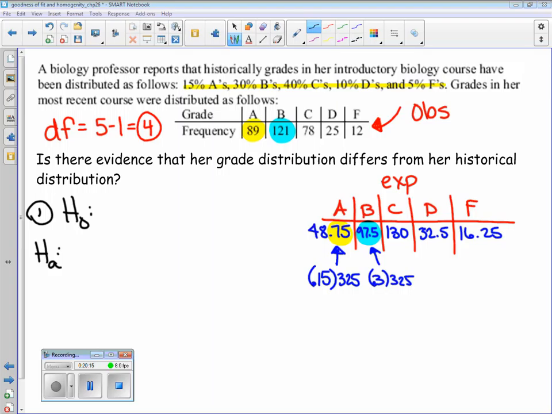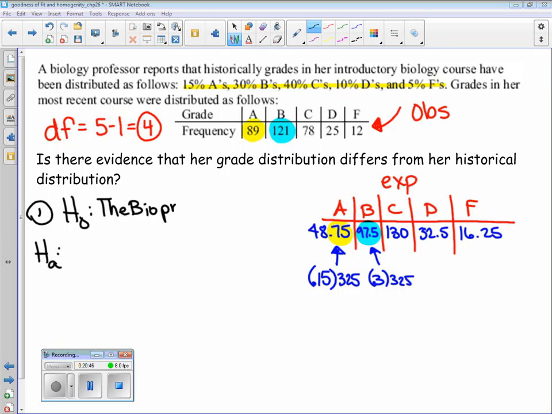It doesn't differ. Is the null hypothesis. And then the alternative would be is that it is different. Okay? Different from what in this case? The percentages, right? So we're going to say in context that our sample, the biology professor's sample, is not different from the historical distribution, the percentages. Okay? So that's the null hypothesis.